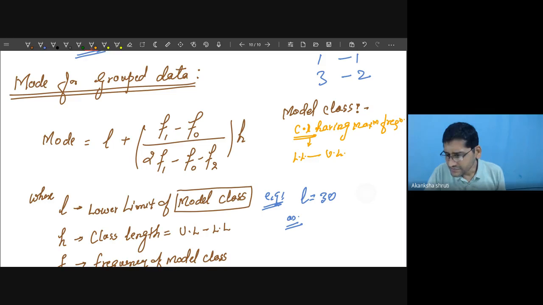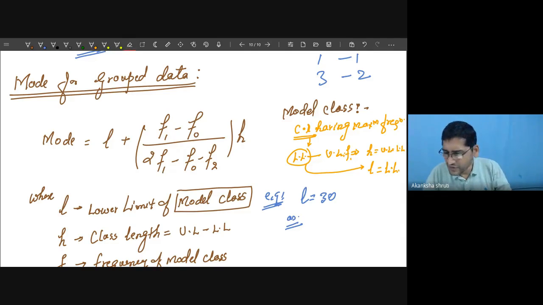So taking this difference, you have to calculate h as UL minus LL, with this LL as the lower limit, and whatever frequency is given corresponding to this will be your F1.